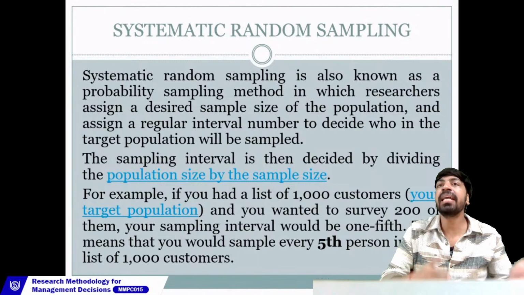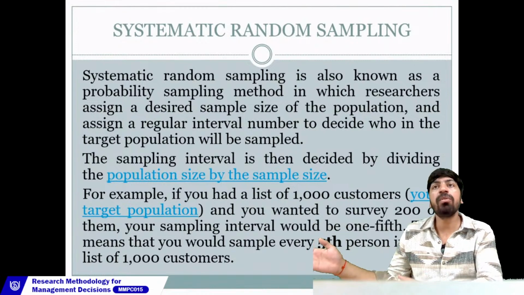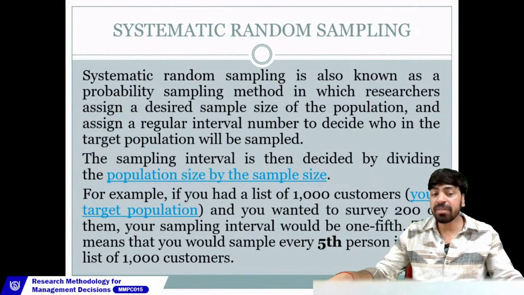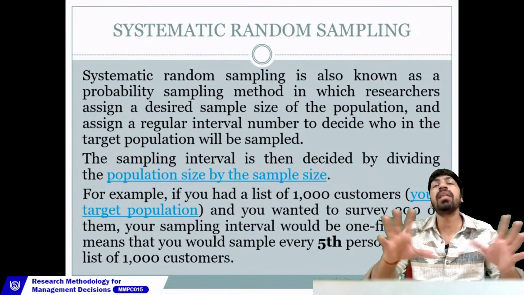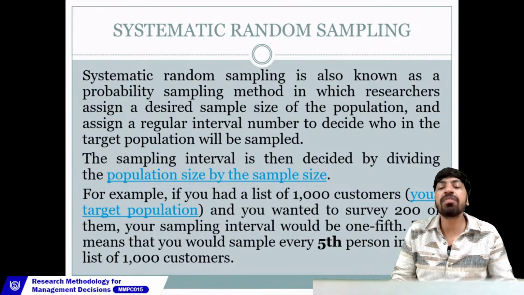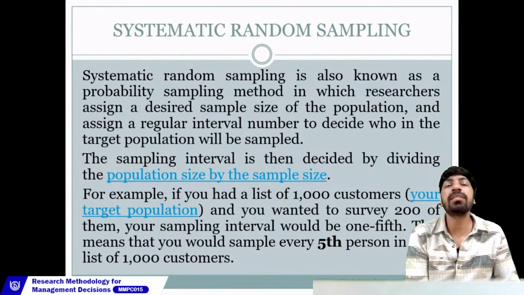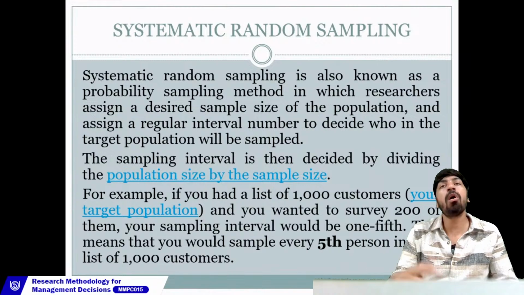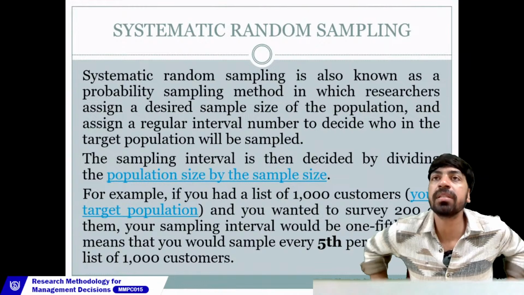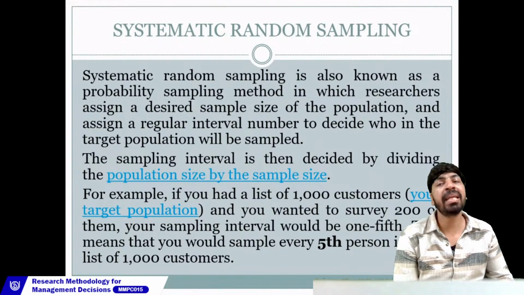So I am selecting every fifth person of the samples being collected in a research study from the 1000 customers, and accordingly I have to collect the data from every fifth person, which is calculated using the formula, that is the sampling interval.